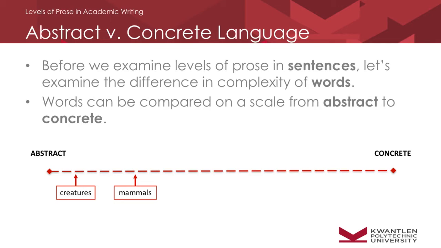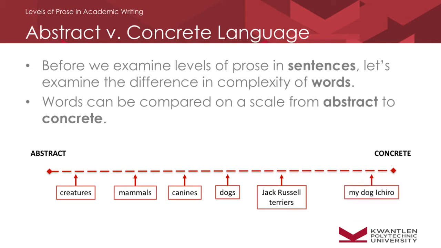Mammals is a little more specific than creatures. And maybe canines. So canines are kind of mammals, might include wolves and coyotes and dogs. Dogs more concrete again. And if we're moving a little further towards the concrete, Jack Russell Terriers, a particular kind of dog, or my dog Ichiro would be very concrete.